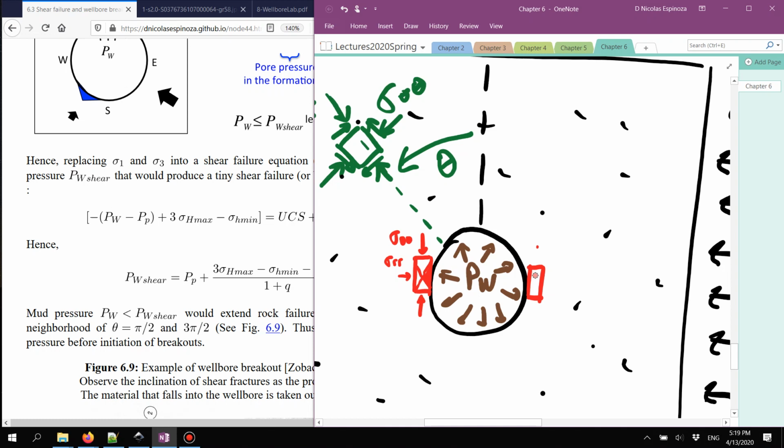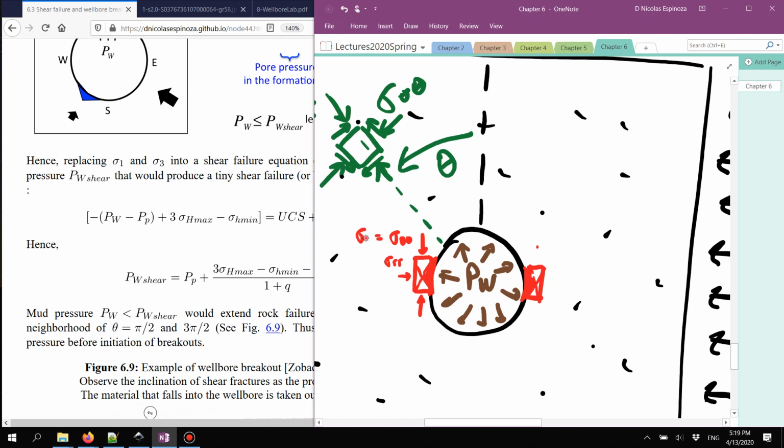So I'm going to repeat the same thing on this plot on the right and have a shear fracture, another shear fracture, and this part of the rock, I'm going to assume that it falls into the wellbore, and therefore is not there anymore.